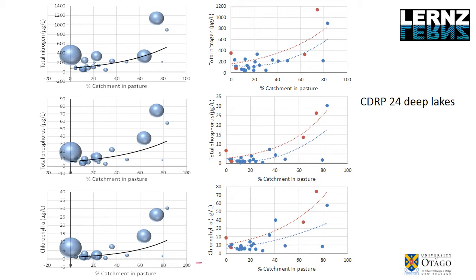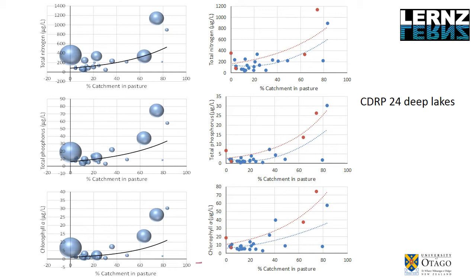And so again, in these graphs here, we've got percent catchment in pasture as a general indicator of land use stress on lakes, and the total nitrogen, total phosphorus, and chlorophyll A in different lakes. Now this is the CDRP deep lakes data set.